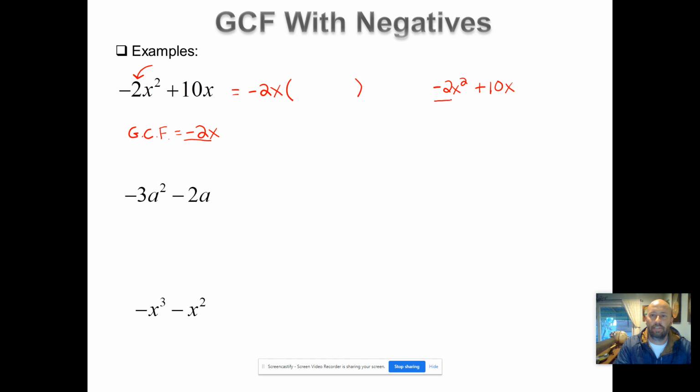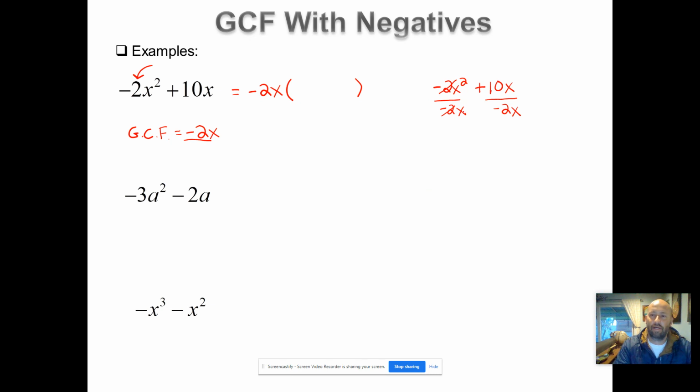So I'm dividing by -2x. -2 divided by -2 is 1, so these reduce to 1.